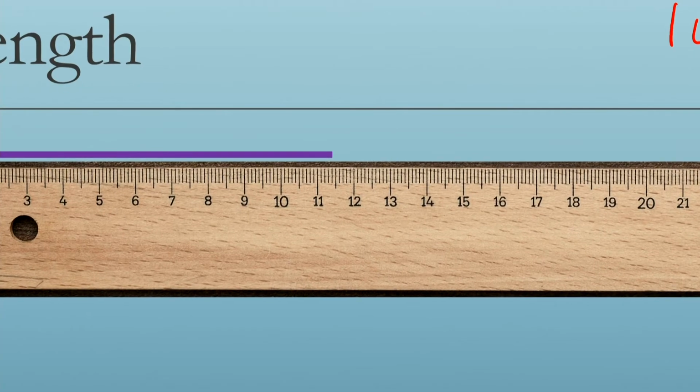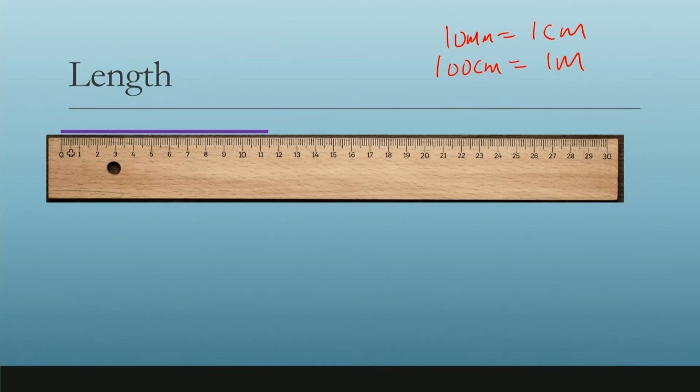And if we zoom in, we see that the end of the line is actually dead on 11.4. So if I wanted to write down what the actual length of that was, it's going to be 11.4. And my estimated digit, because it's directly on the line, I'm going to include a 0. And my unit is centimeters.